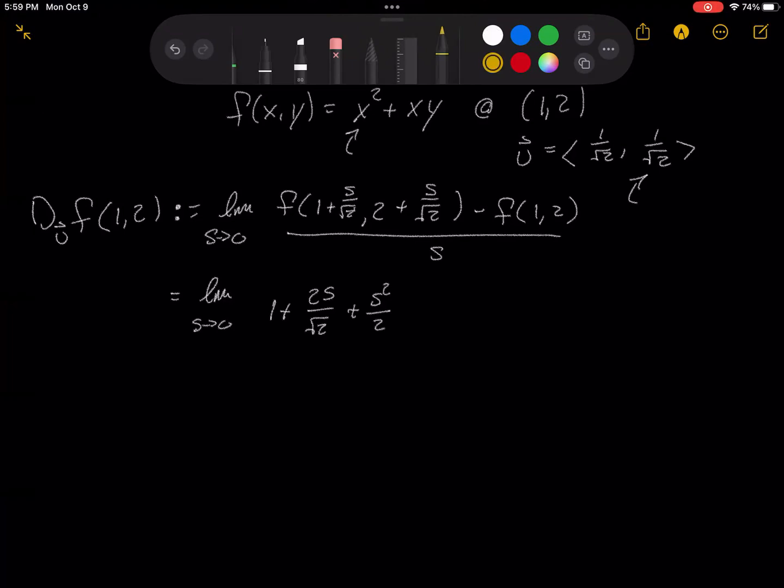Because this is your x. Now plus the xy, so I believe you're going to get plus 2 plus 3s over root 2 plus s squared over 2. And now we need to subtract off our function value at (1, 2). So if you place x is 1, y is 2 into your function, I believe you get a 3.